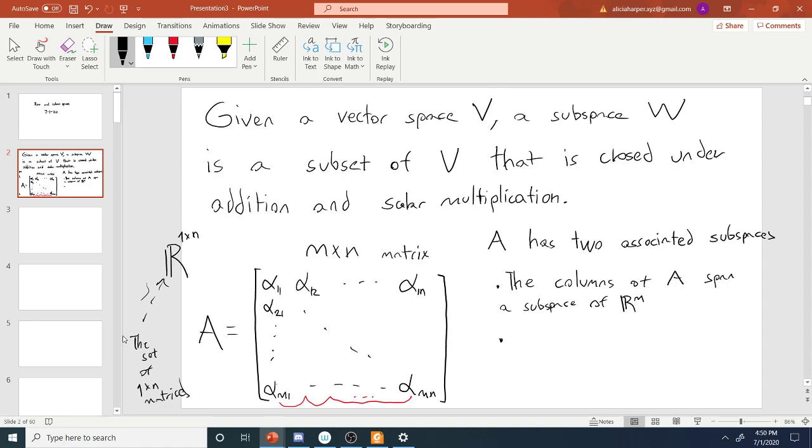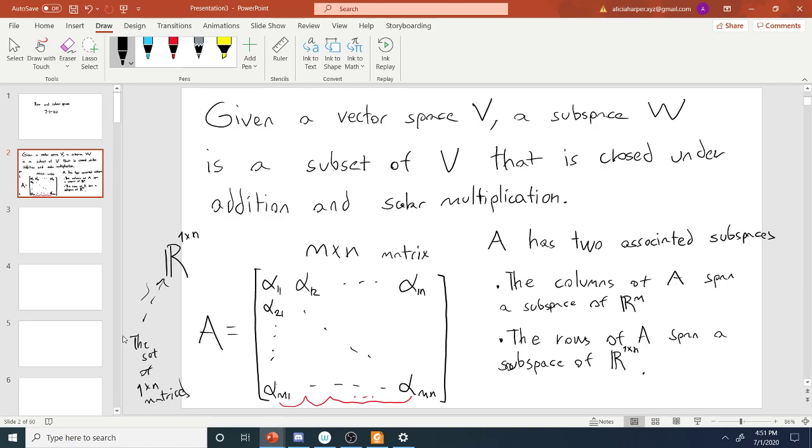We can understand each of these rows as living in the space, and thus the rows of A span a subspace of R1 times n.